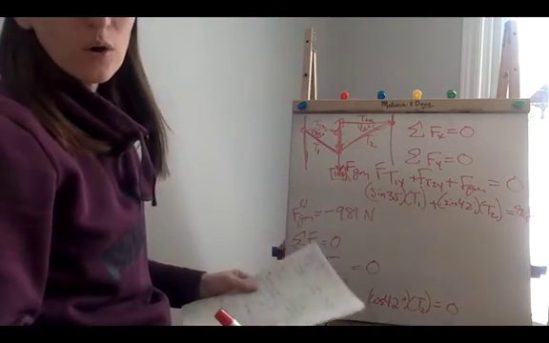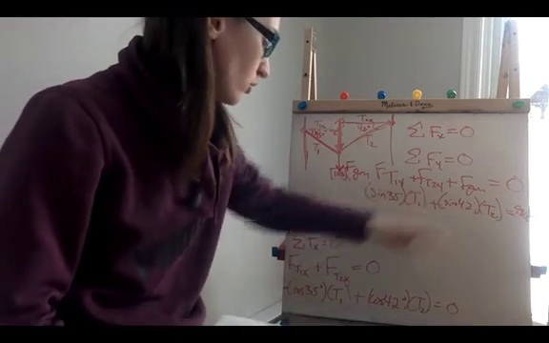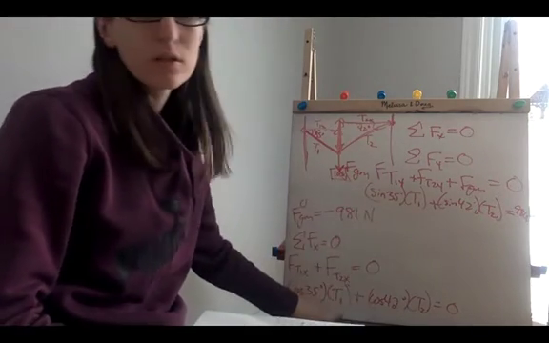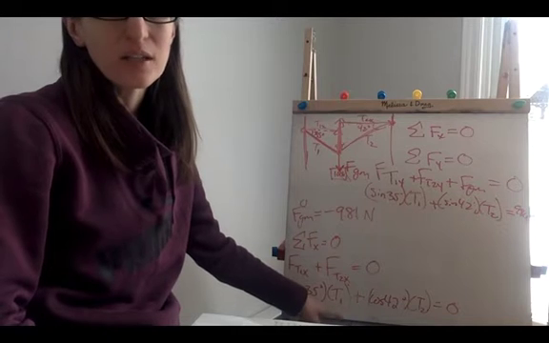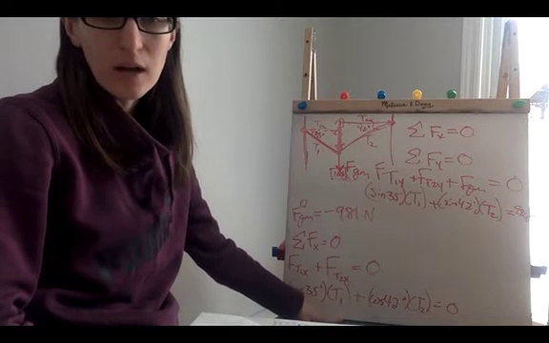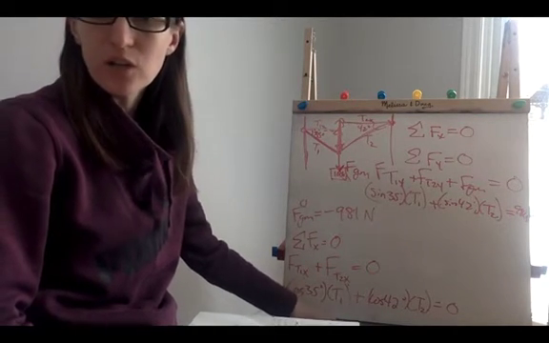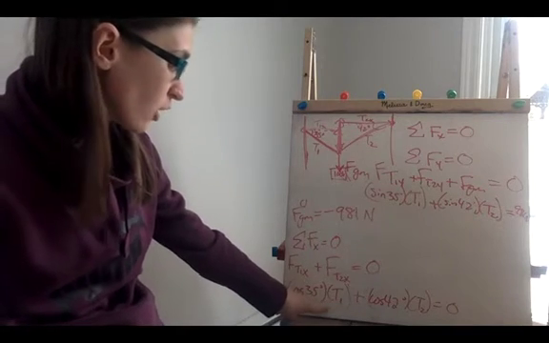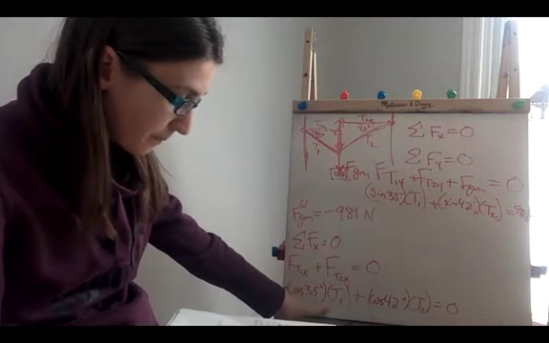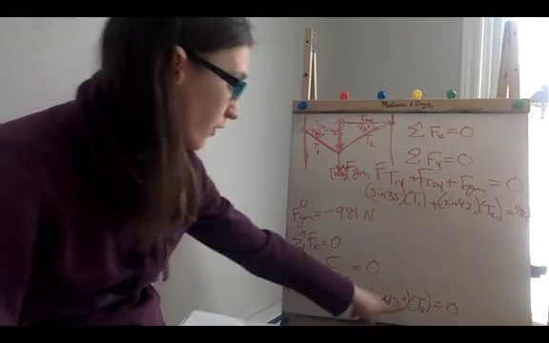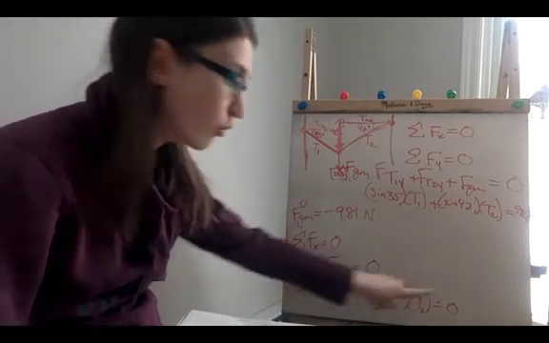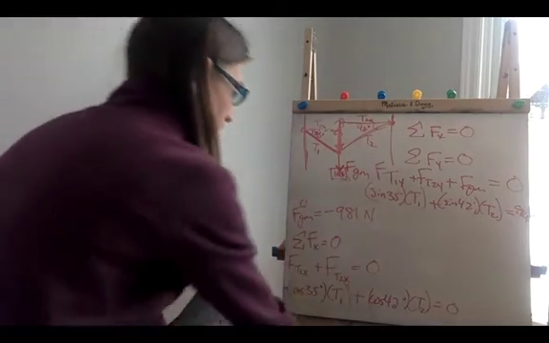Okay, so again, we don't know T1, we don't know T2, but now we actually have two equations, right? So now we set this up as a system of equations, solving by substitution or elimination. So what we could do from this one here is get T2 by itself, right? So we bring this entire term over, and it becomes positive.